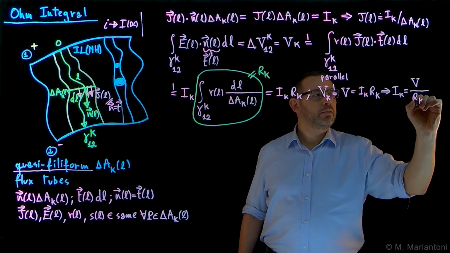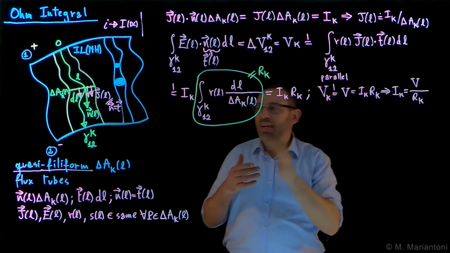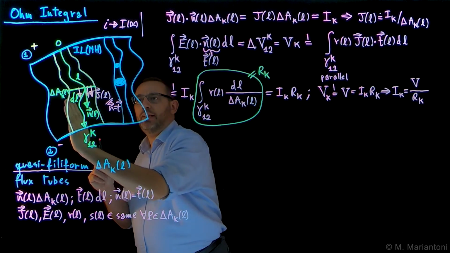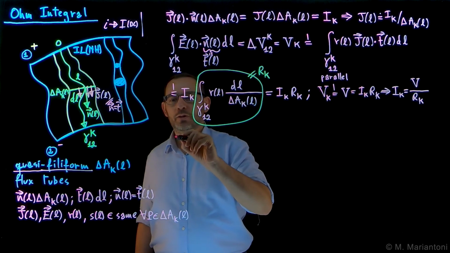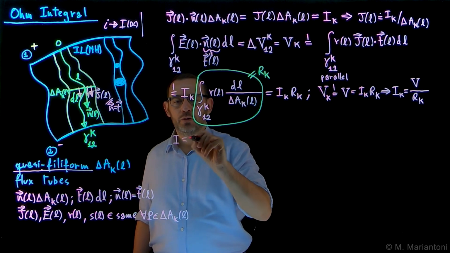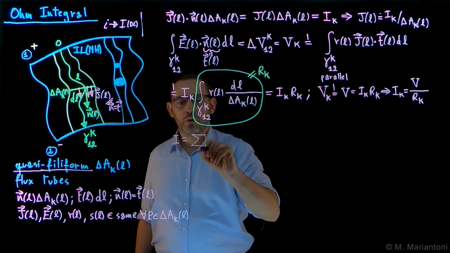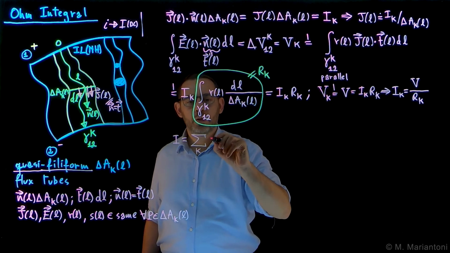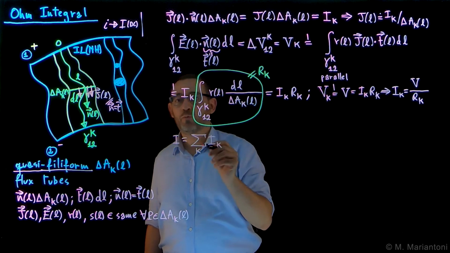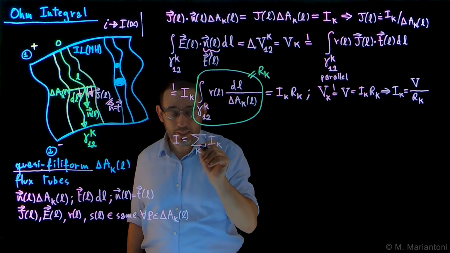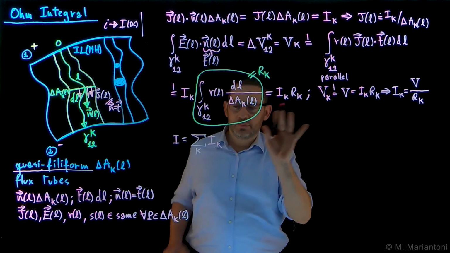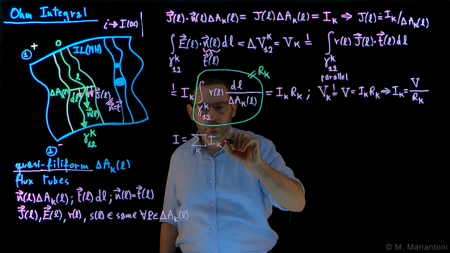Okay, with this in mind, now the other condition for parallel is that we need to sum up all these spaghetti together, or these flux tubes. That is, the total current I is going to be nothing but the sum over k, over possible flux tubes, of I_k. Note that again, if I were to use filiform flux tubes, this would be an integral over dA, but it's easier for me to explain like this, in my opinion.